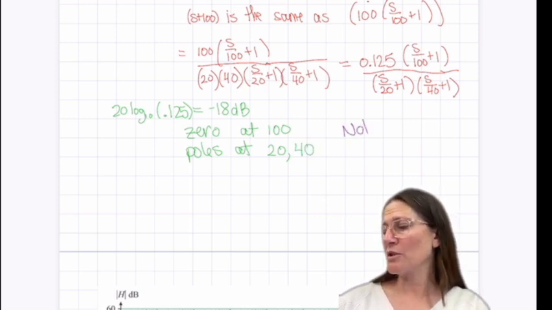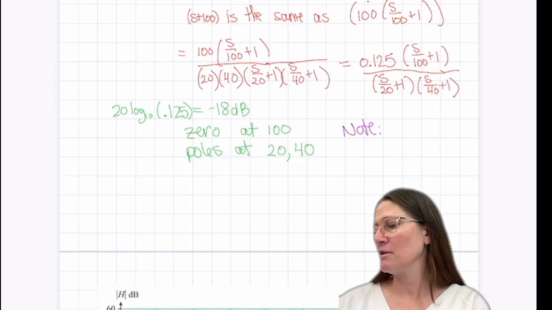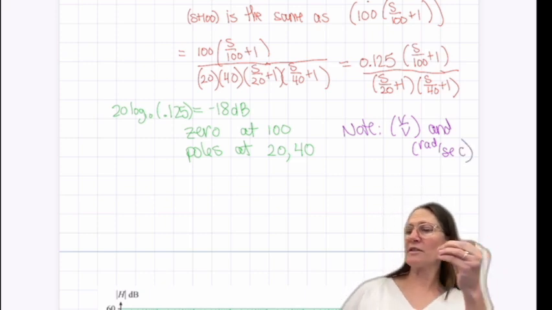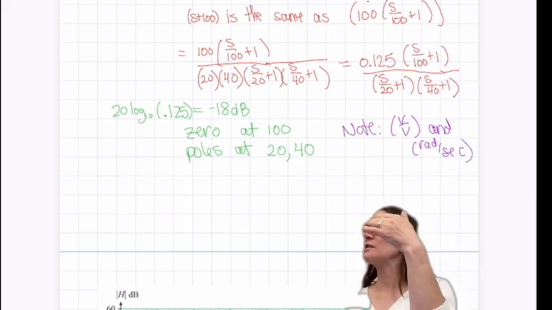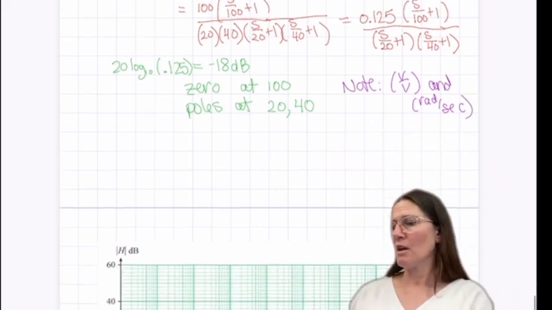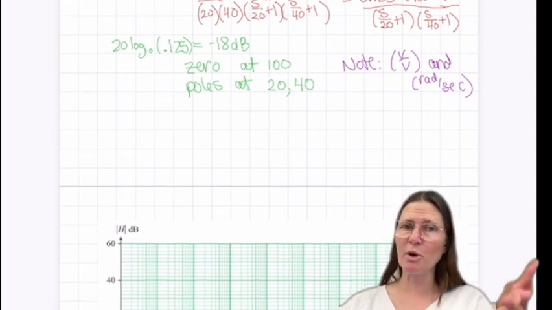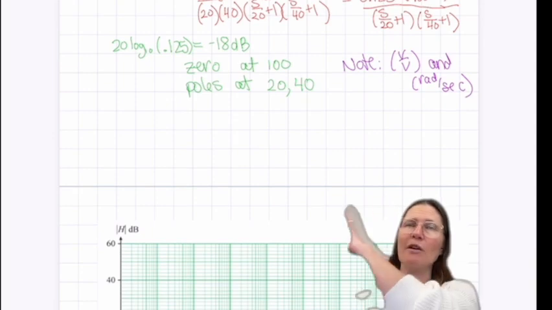One quick note is that when I have an equation like that, my magnitude is in volts per volt and the frequency is in radians per second. Because this is in volts per volt, that's why I had to take the 0.125 and convert it into dB. Okay, so now ordering these, I have two poles, 20 and 40, and then I have the zero at 100.